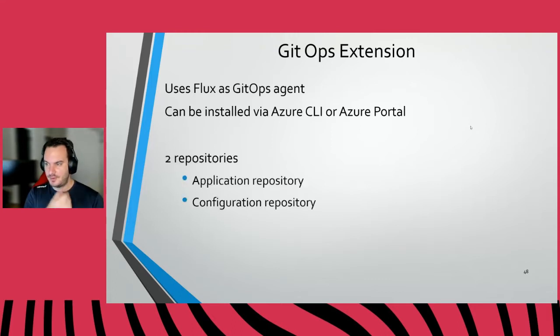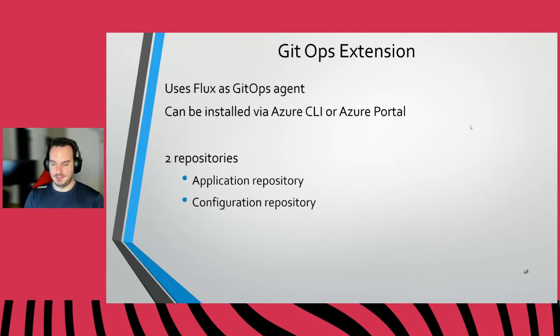But before we can install it, we also have to take a look at the structure of our repositories, because usually we have one application repository, then we implement our features there, and once we are ready, we deploy our main or master branch from this repository. With GitOps, Microsoft recommends that we have two repositories, one for the application and one for the configuration.